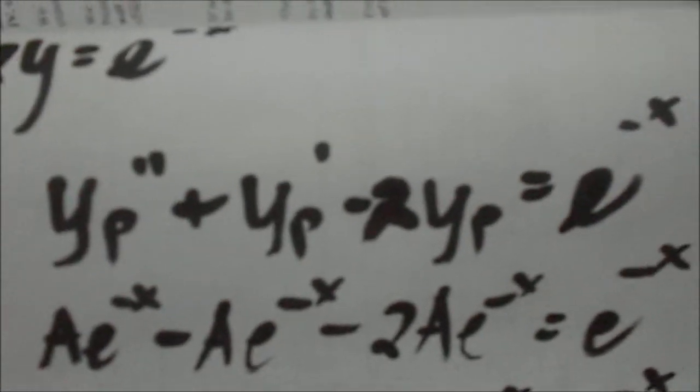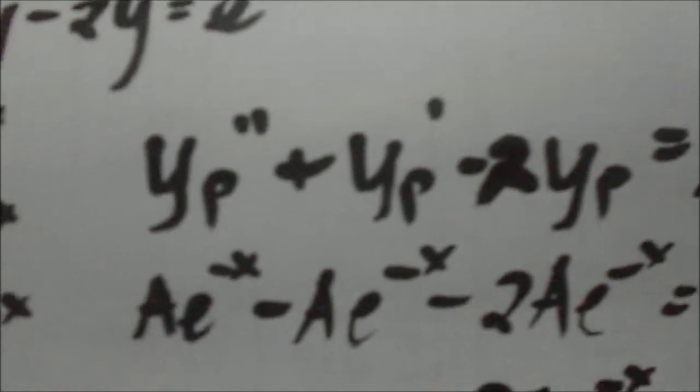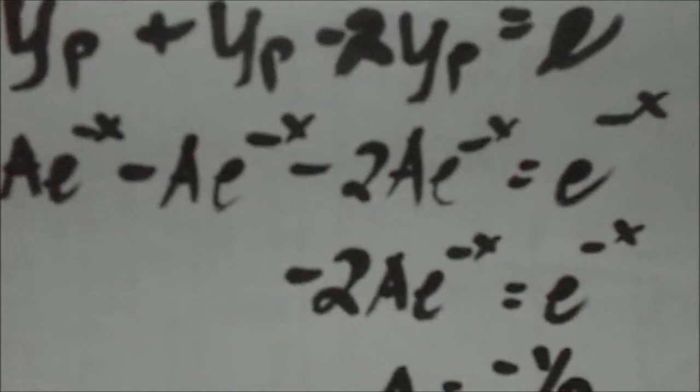So substituting this in the equation y double prime plus y prime minus 2y is equal to e to the negative x, we have yp double prime plus yp prime minus 2yp is equal to e to the negative x. So substituting, we can conclude that a is equal to negative 1/2.